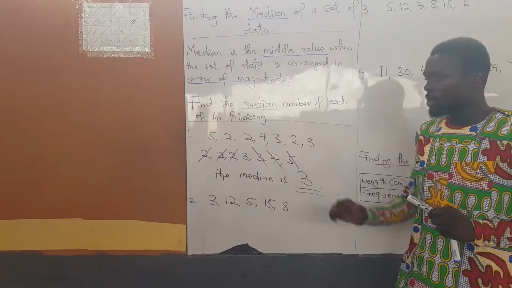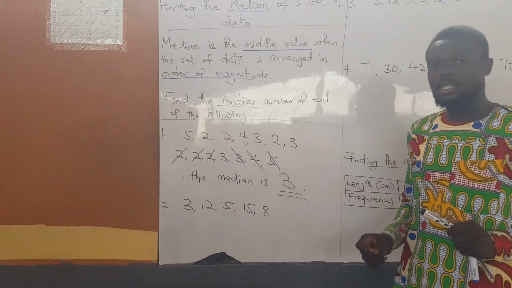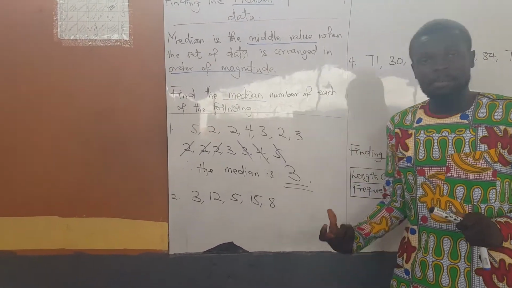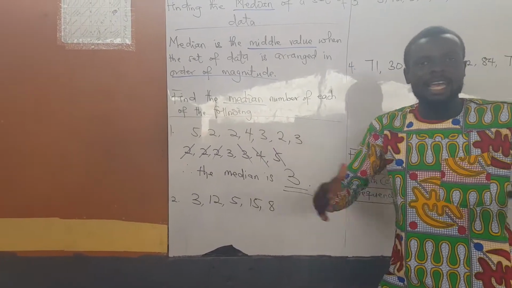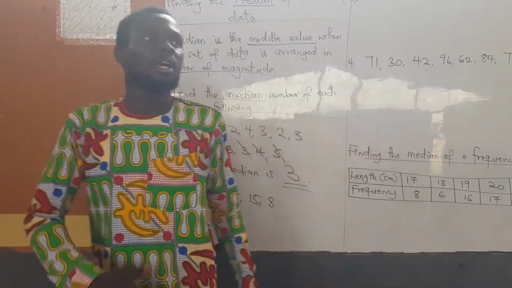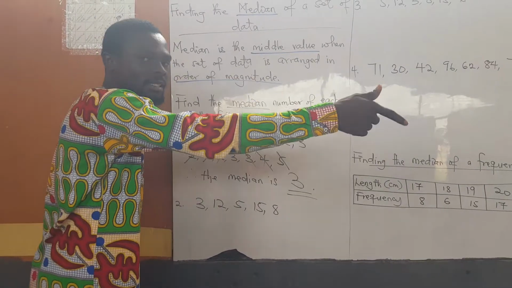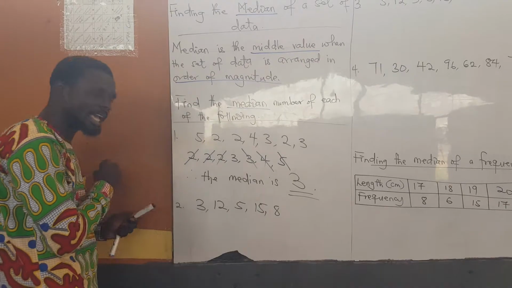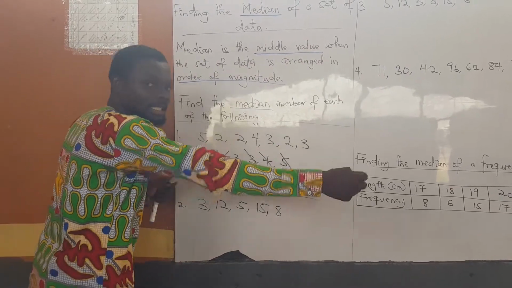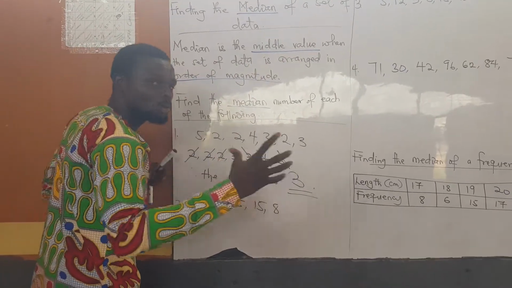Number 2, we are still finding the median, which says that to find the median, arrange the data in ascending order of magnitude from the least to the highest. So we are going to look at this set of data, fish out the highest and the least, so that you will be able to arrange.